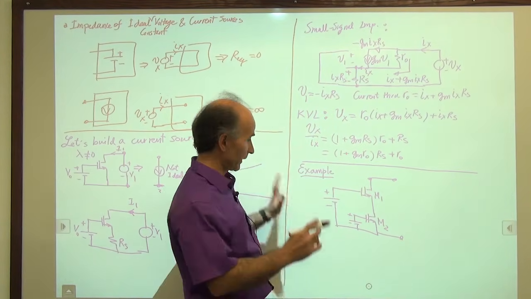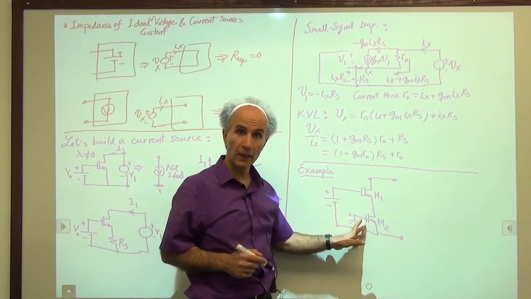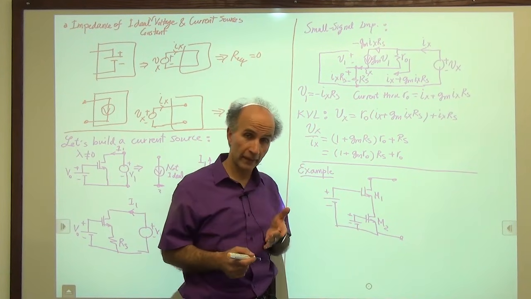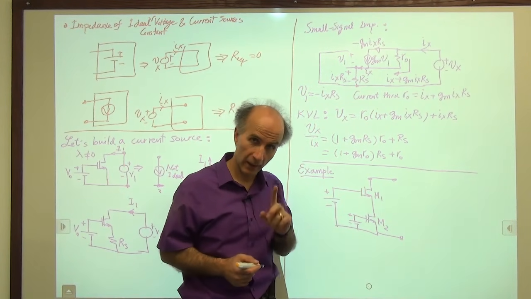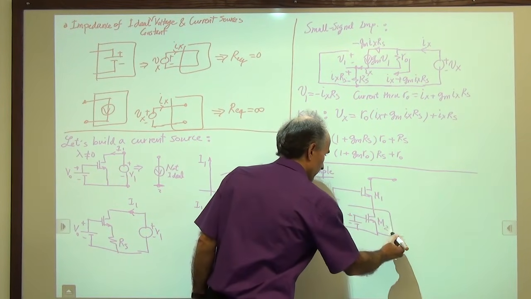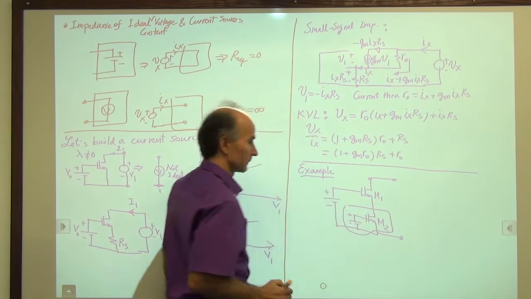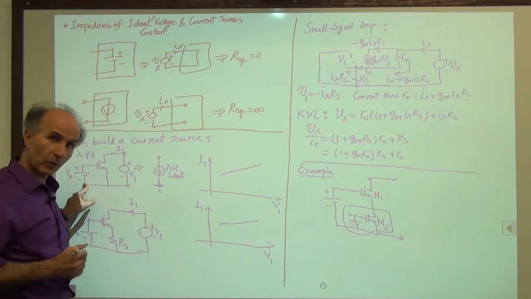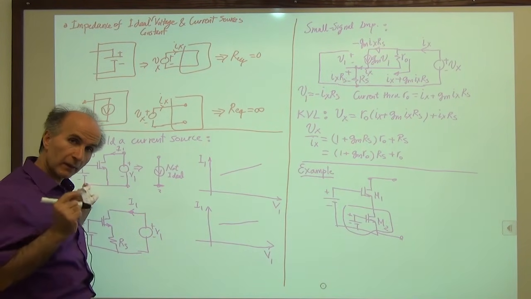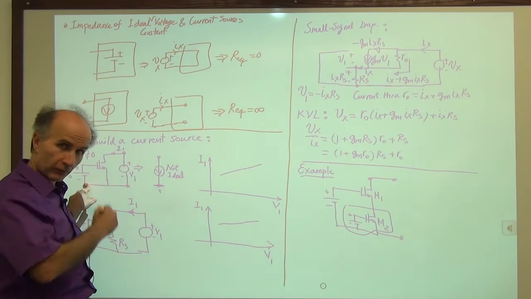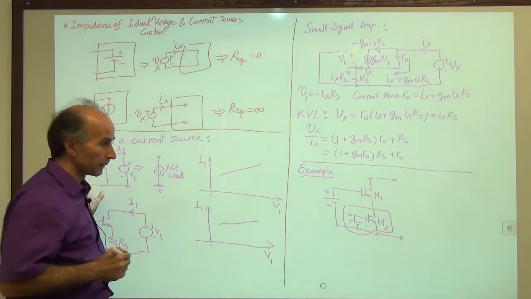Now you look at it and say, oh my God, I have two transistors. I have to draw the small signal model of this, small signal model of this, and solve it. You could do that, but you don't have to. Because what we do remember is that this little box here can be represented by one resistor equal to RO of the device, assuming that, of course, all of these are in saturation.